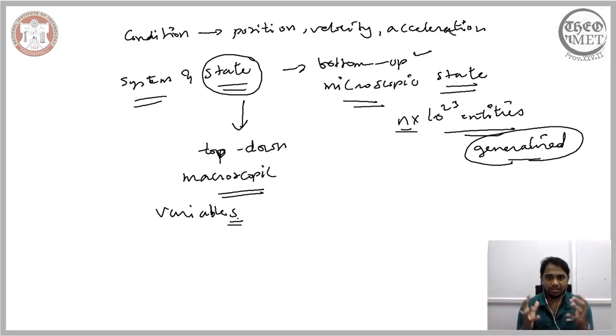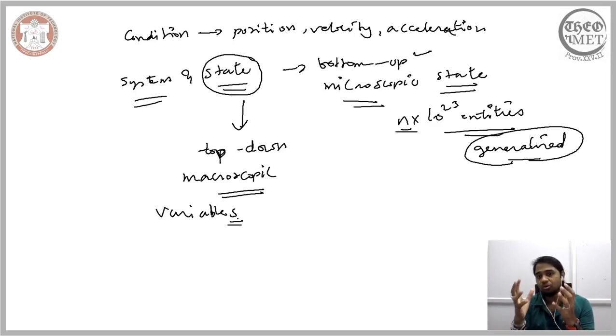So let me repeat: it is possible for us to consider the system on a macroscopic scale and define the state using certain variables primarily because when you fix these variables, the state of the system is fixed, both the microscopic state and also the macroscopic state. That is why we can select certain variables and define the state of the system based on them.